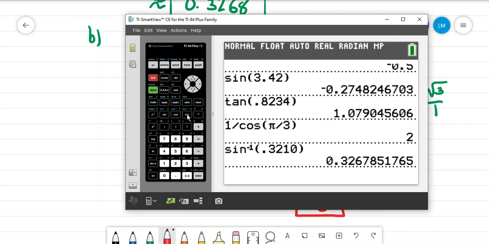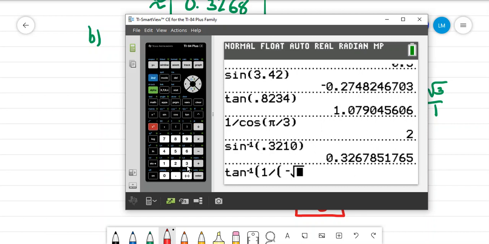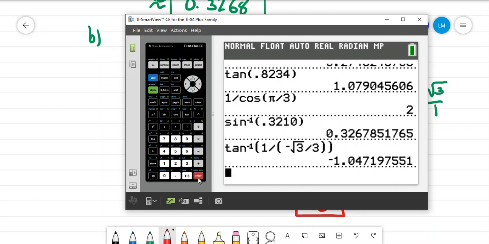second tangent of 1 divided by negative square root of 3, and all of this is divided by 3, and close, close. So see how it gives you this number?